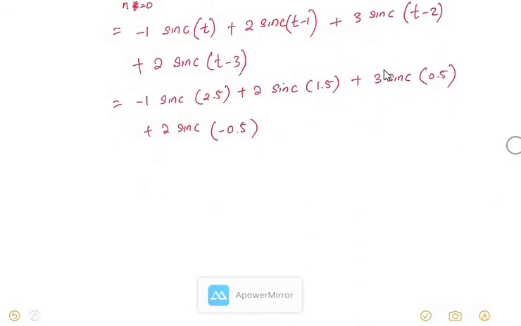Then you need to solve each sinc function separately, one by one. I have the formula sinc A equal to sine pi A over pi A. This one must be done in radians.